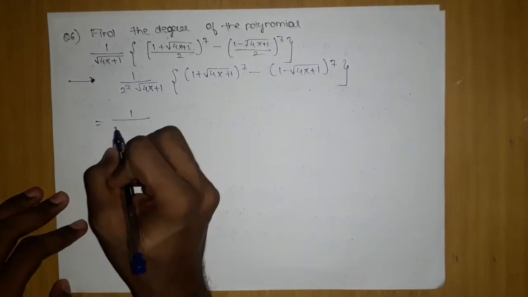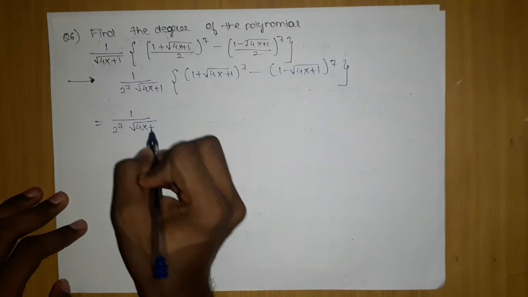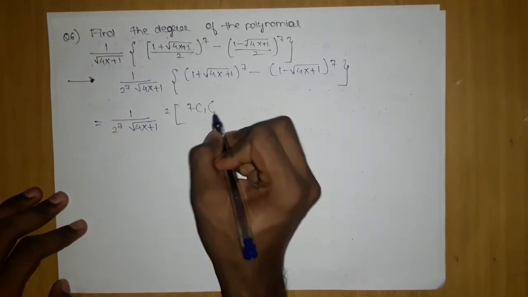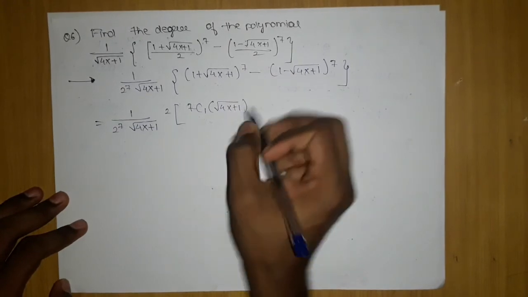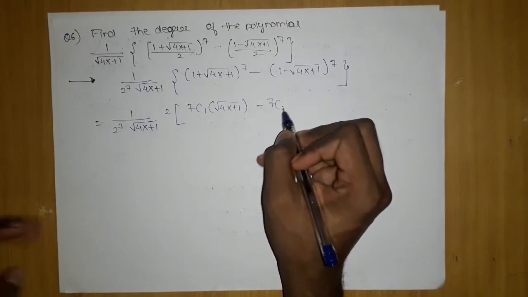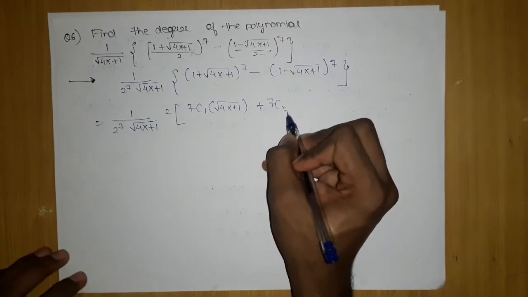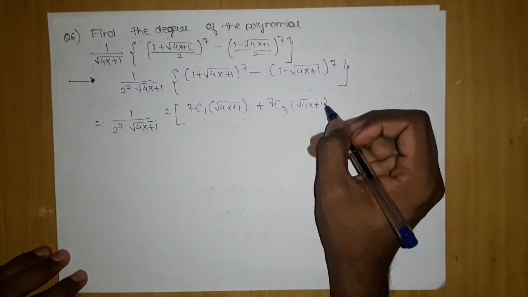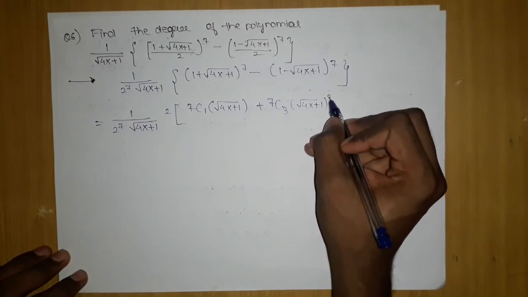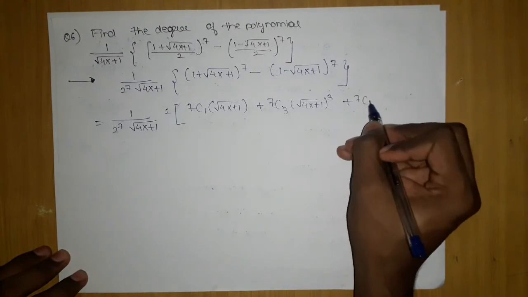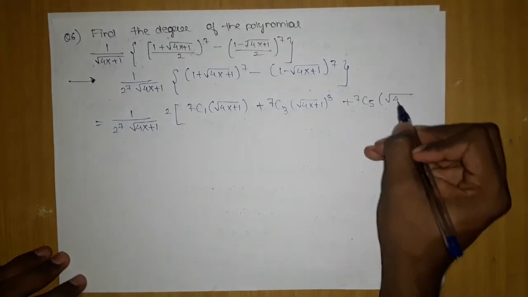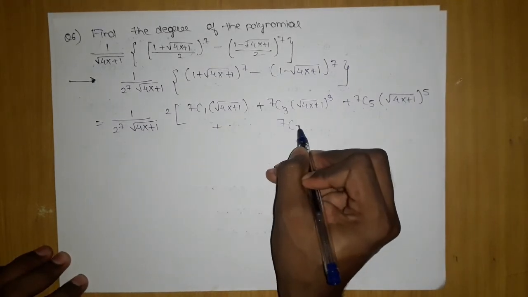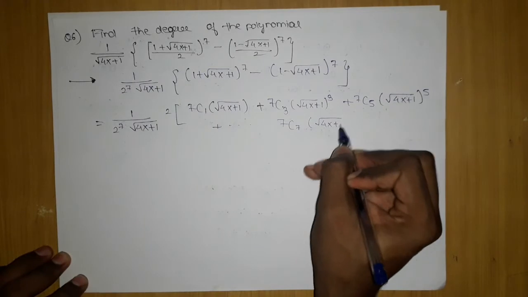But for timing we will write it as it is: under root 4x plus 1, 2 into 7c1 under root 4x plus 1, minus 7c3 under root 4x plus 1 power 3, plus 7c5 under root 4x plus 1 power 5, and this will go on till 7c7 under root 4x plus 1 power 7.